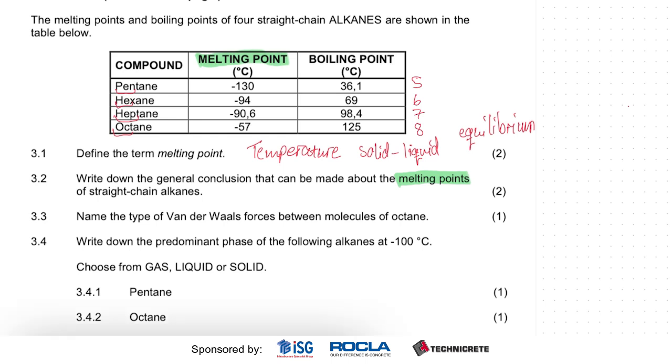And what we can see is that the melting point increases from pentane to hexane, and the melting point increases again from hexane to heptane, and finally the melting point increases again from heptane to octane.